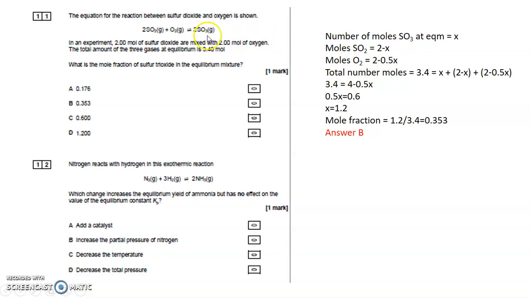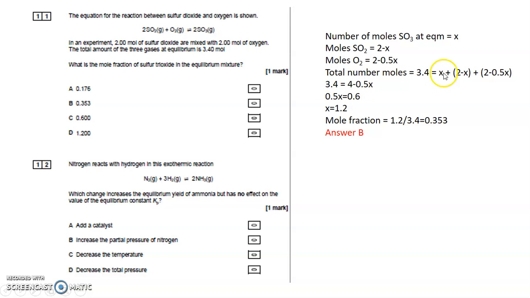Total number of moles is 3.4, and the total number of moles of each of these in terms of X is X, number of SO3, plus 2 take away X, number of moles of SO2, plus 2 take away 0.5X, the number of moles of O2, and that equals the total value of 3.40 moles of gas in total. It tells you that in the question.